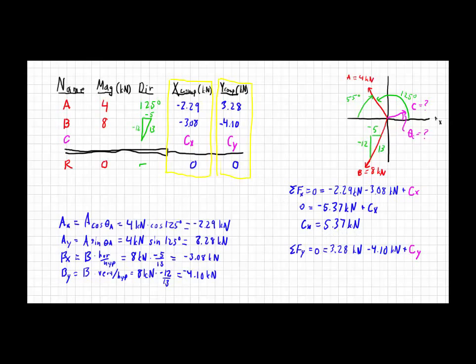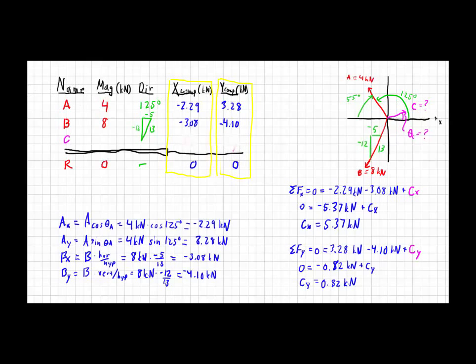If I combine terms on the right hand side, I end up with 0 equals negative 0.82 kilonewtons plus Cy, and then adding 0.82 kilonewtons to each side and rearranging a little bit, we get Cy equals 0.82 kilonewtons.